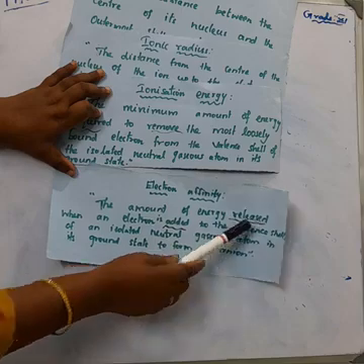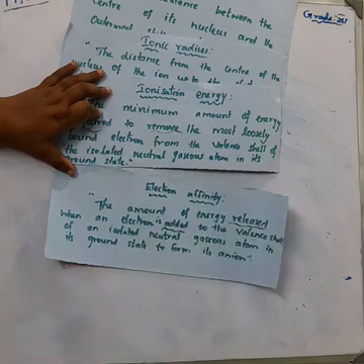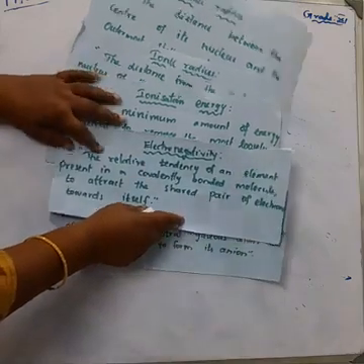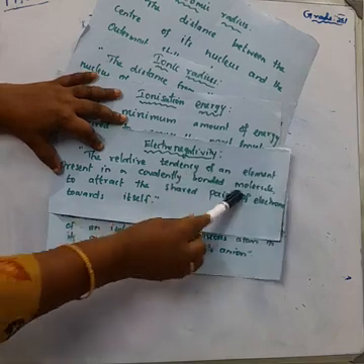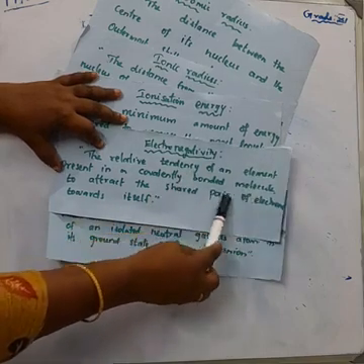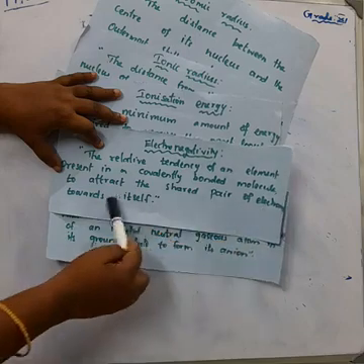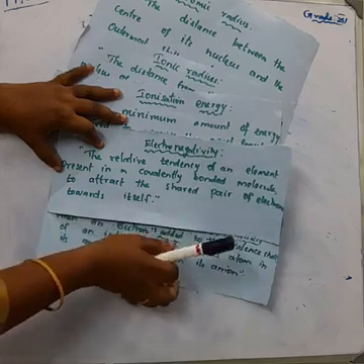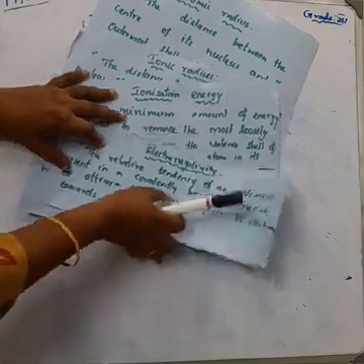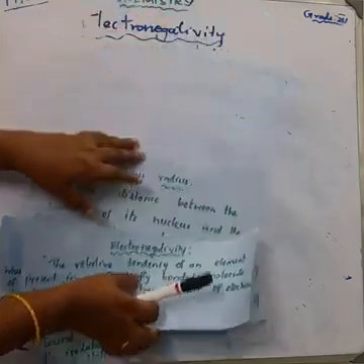These are about electron affinity and ionization energy. What do you mean by electronegativity? It means the tendency of an element present in a covalently bonded molecule to attract the shared pair of electrons towards itself. That is called electronegativity. So what are the periodic trends in properties along the periods and groups?